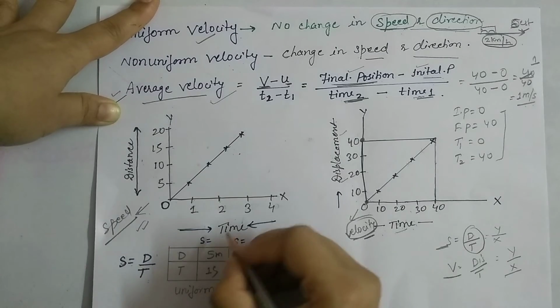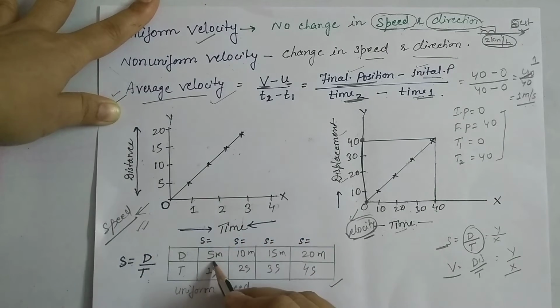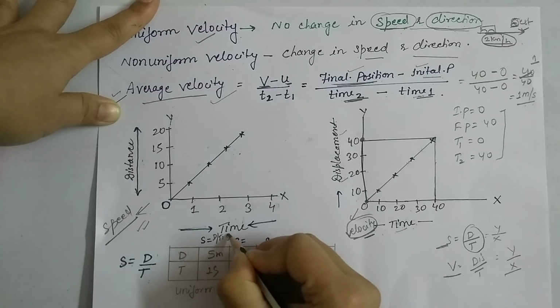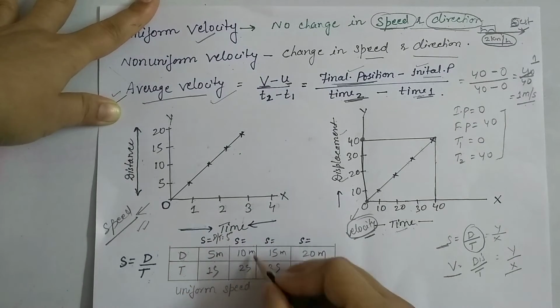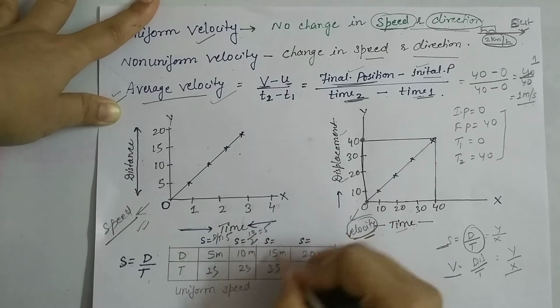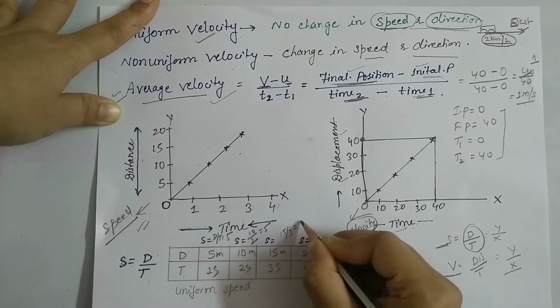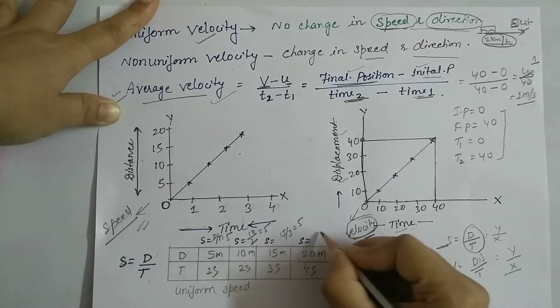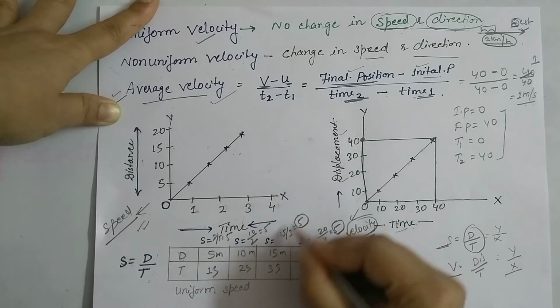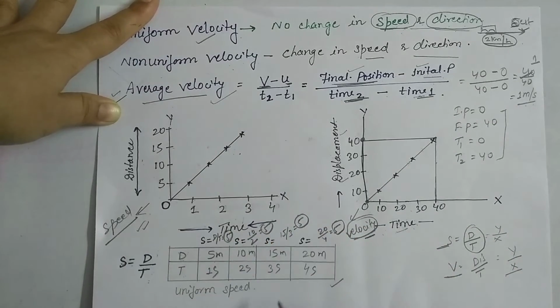When you divide, speed is distance by time: 5 by 1 is 5, 10 by 2 is 5, 15 by 3 is 5, and 20 by 4 is 5. So everywhere you are getting 5, a constant.